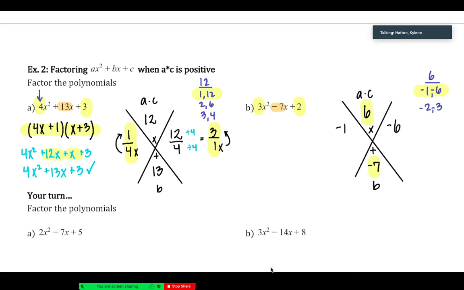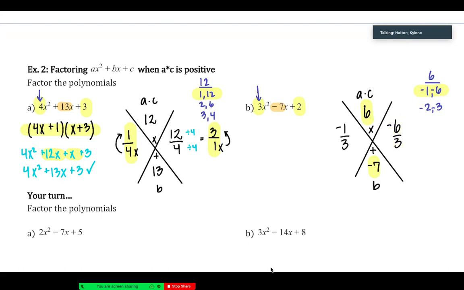And then we have to remember that we're writing it over our a value. So in this problem, our a value is 3. So this is going to be over 3, over 3. And then if you can reduce it, you need to. So this -6 over 3, because both -6 and 3 are divisible by 3, means that we can reduce it.